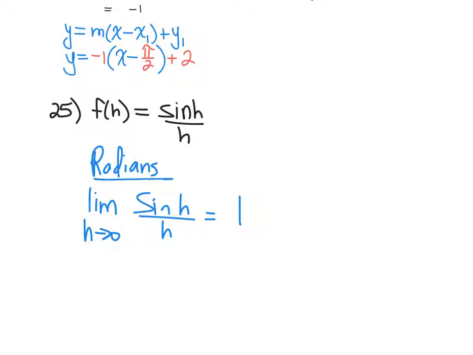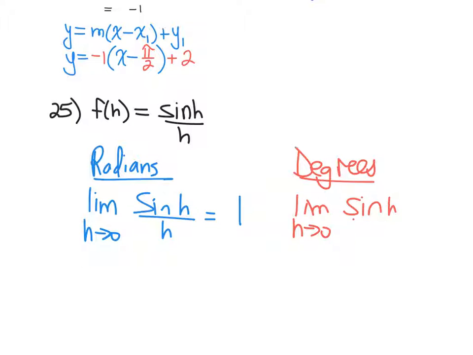But in degrees, the limit as h approaches 0 of sine h over h appears to be approaching that point, which corresponds with the horizontal line, which we defined as pi over 180.